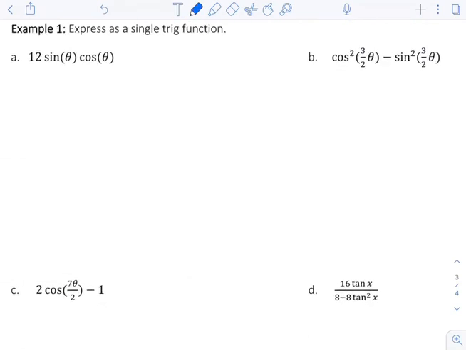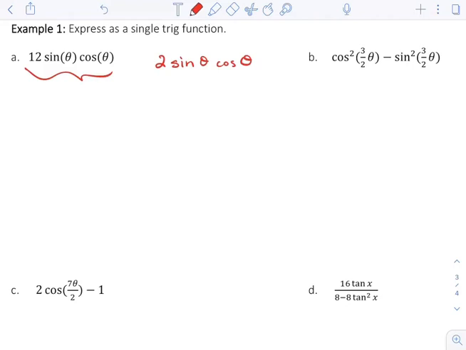So now these ones say express as a single trig function. So we might see the formulas in different ways. Now this one here kind of looks like the double angle for sine, but it's usually like this. I see that 12 in front.